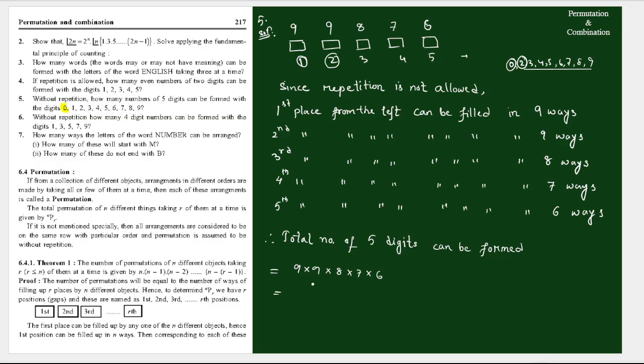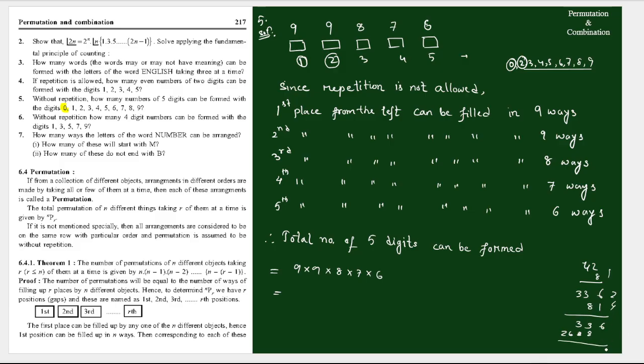So multiply now. 9 into 9 is 81. Then 8 into 7 is 56. Then 81 into 56, let us calculate. 9 into 9 is how much? 81. Carrying the digits, we get the product.